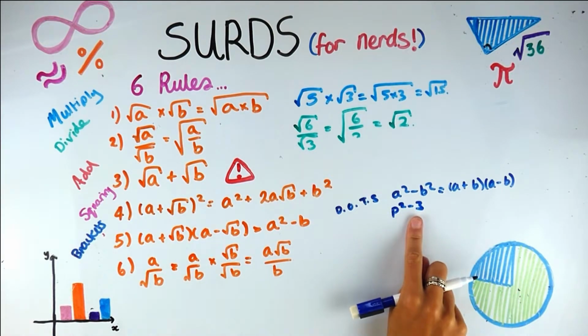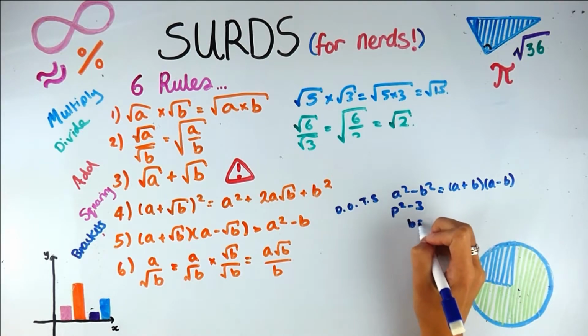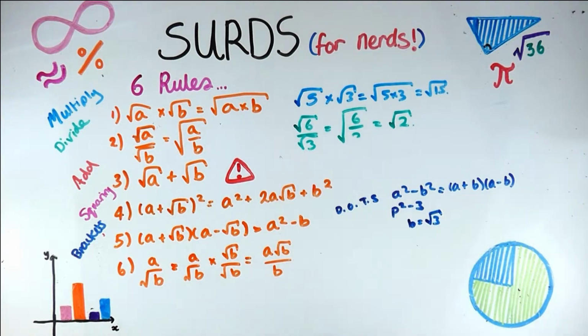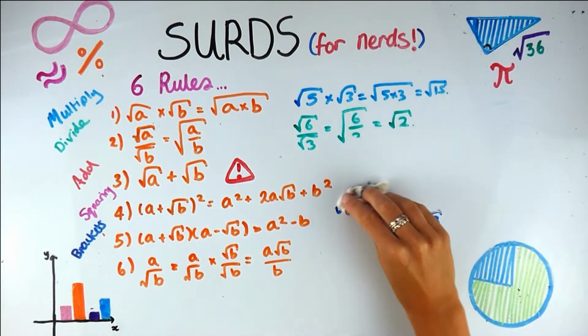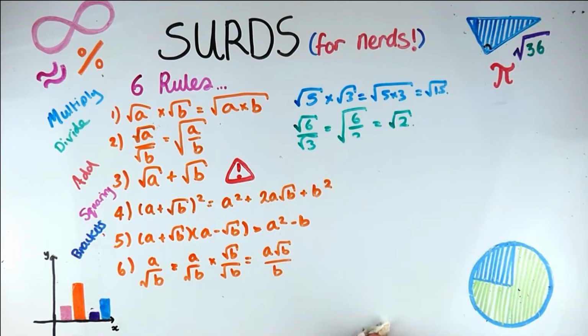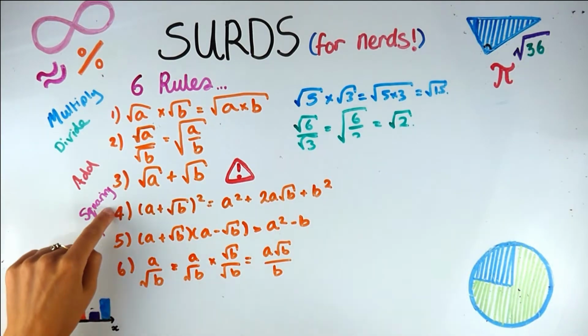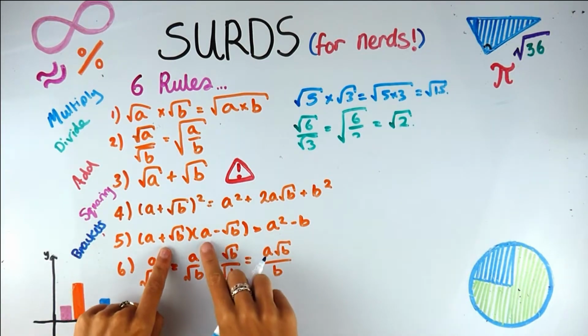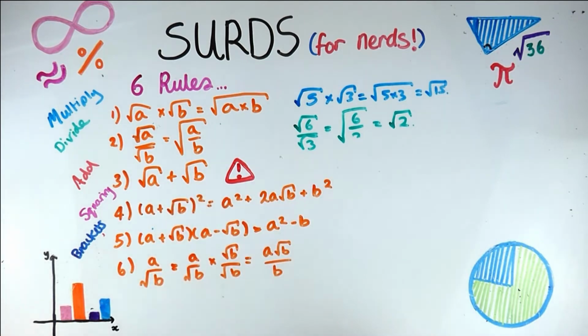And because this wasn't squared, we could take B as root 3. So that's exactly what is happening in here, but the other way. So hopefully you can kind of see that. If not, again, don't worry. It's literally kind of like 4. If that was me, I wouldn't even bother remembering this rule. I would just expand it every time.